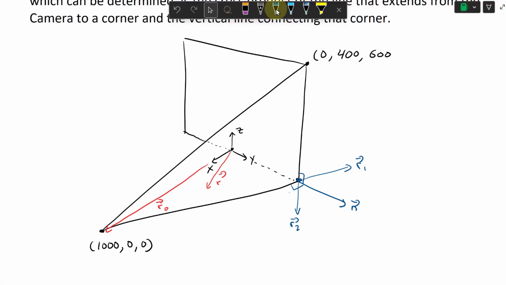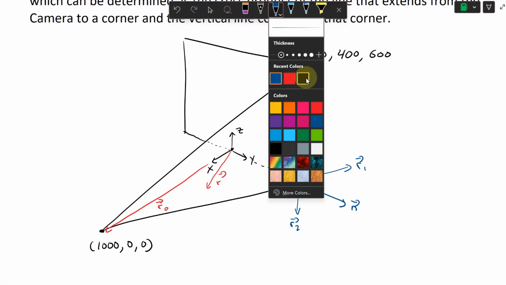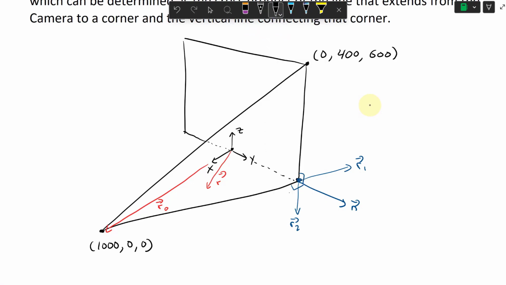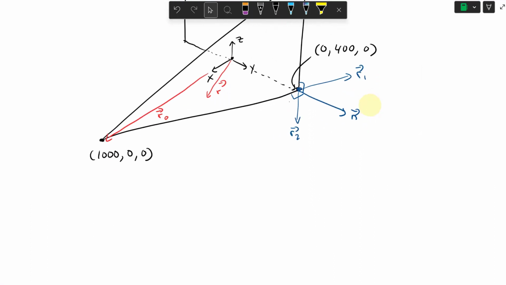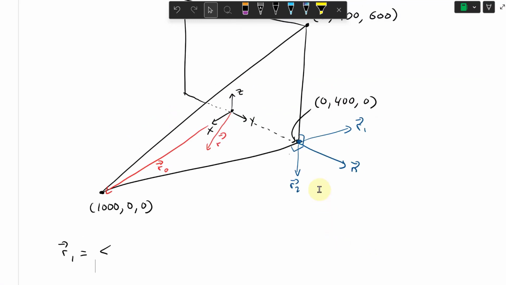Let's go back to black. So then just put it like that, and this is this point, and basically when we subtract the two points, we'll get a difference vector. This is going to be 0, 400, and 0, the point. So let's determine R1. This is just a difference, and it's a vector, so we'll start from this point right here to this point.